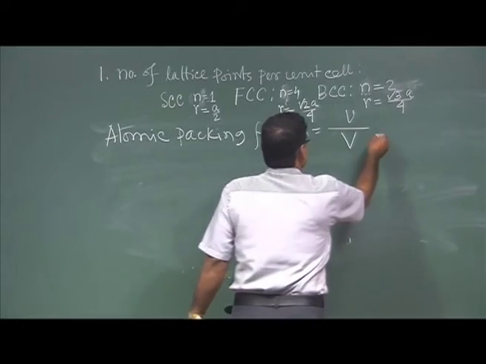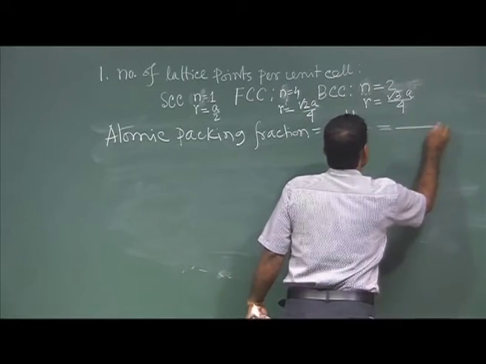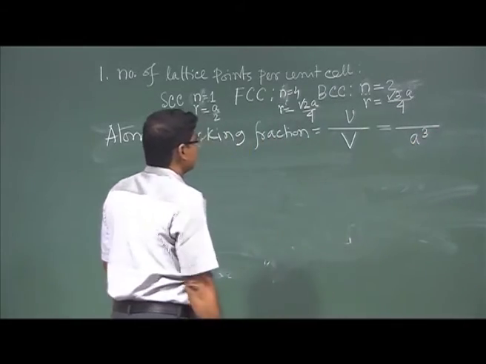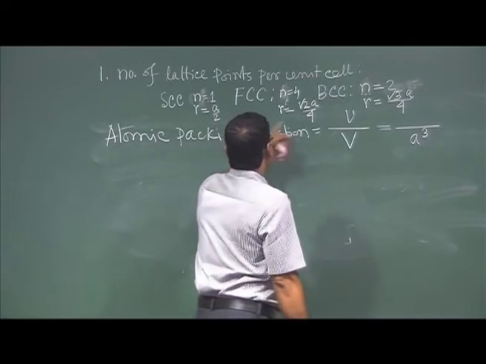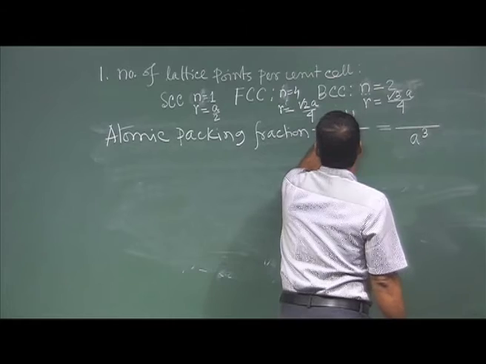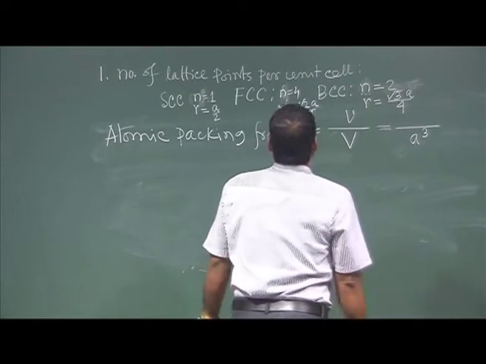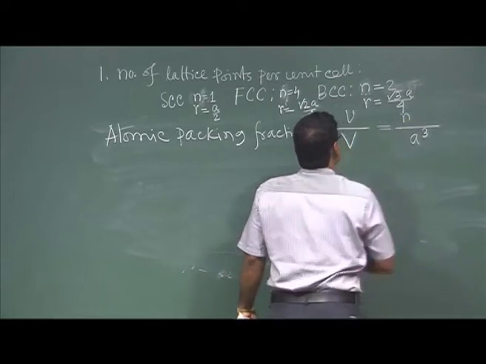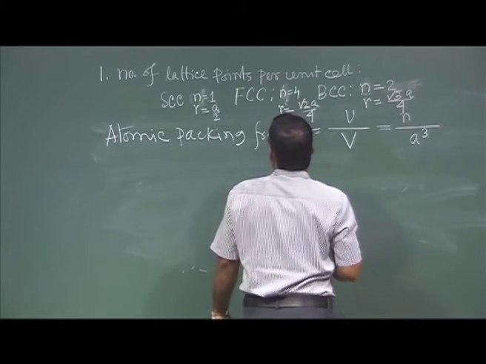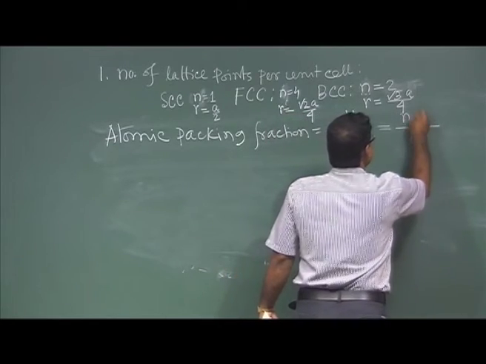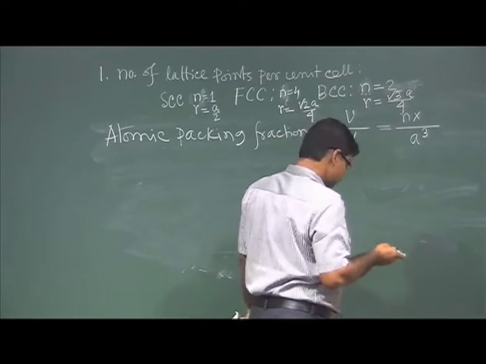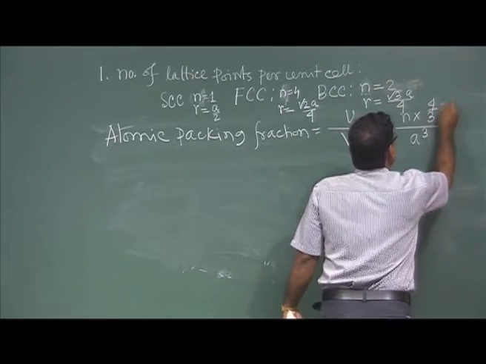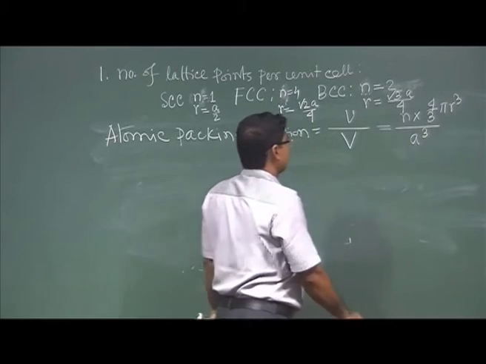Now for a cubic crystal, the volume of the unit cell is a cube. The volume of the atoms in that cell will be the number of atoms per unit cell, or number of lattice points per unit cell, times the volume of each atom. If its radius is r, it is 4 by 3 pi r cube, right.